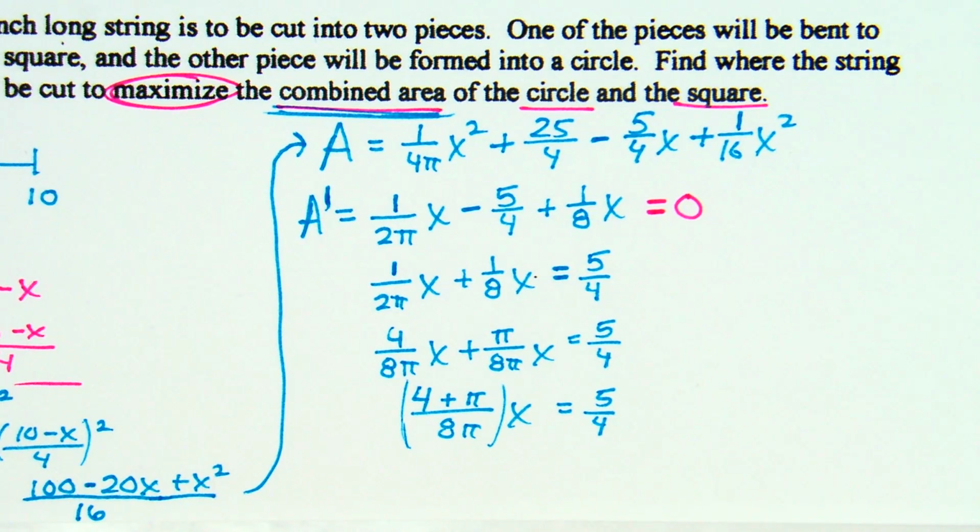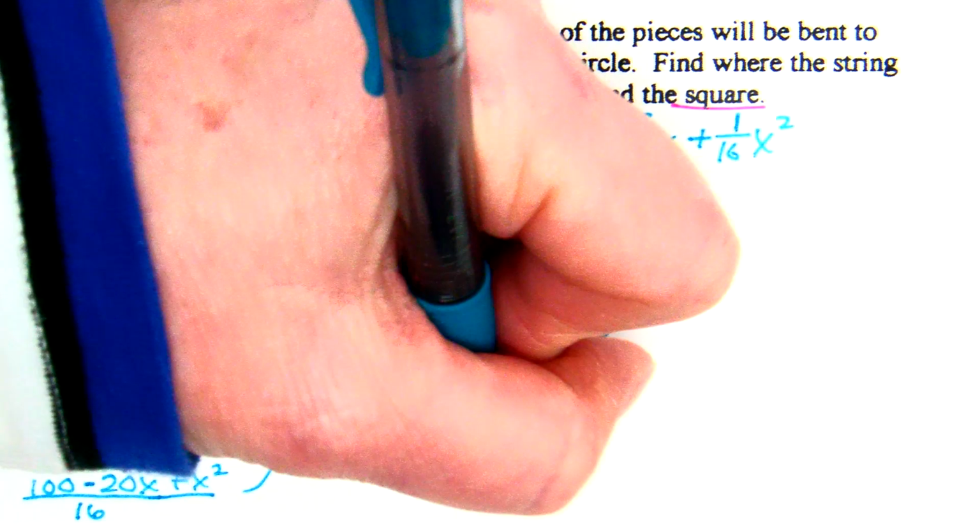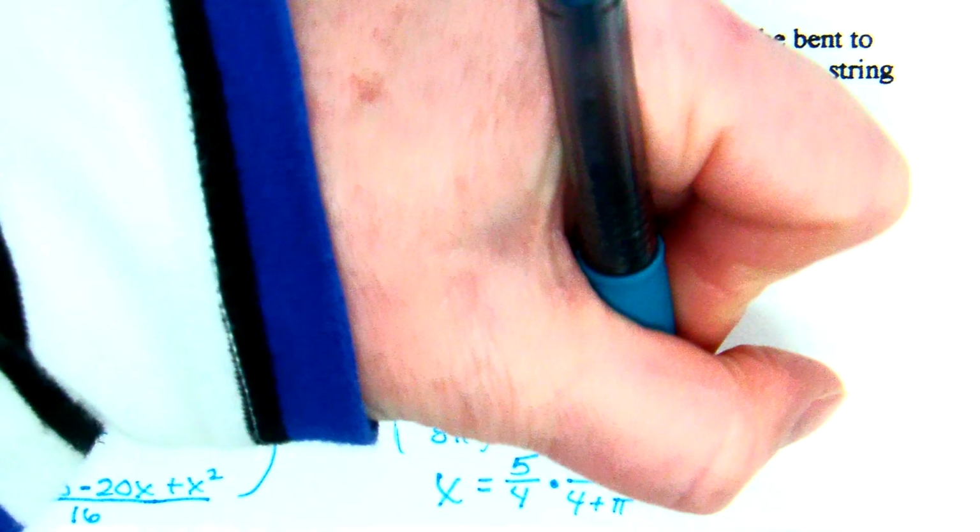How do I solve for x? Divide by my fraction. Dividing by a fraction is a little bit more neatly done if we multiply by the reciprocal. Keep, change, flip. So x is going to be equal to the 5 fourths times the reciprocal of this guy, which is 8 pi over 4 plus pi.